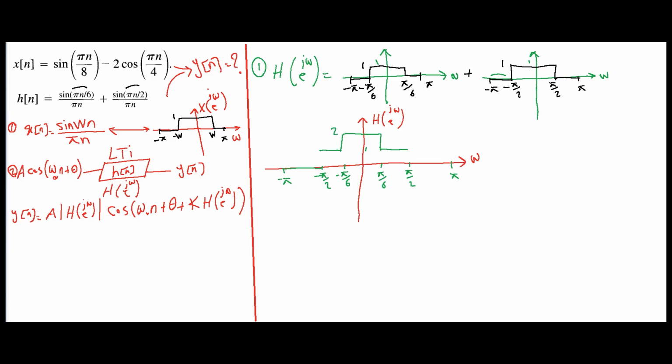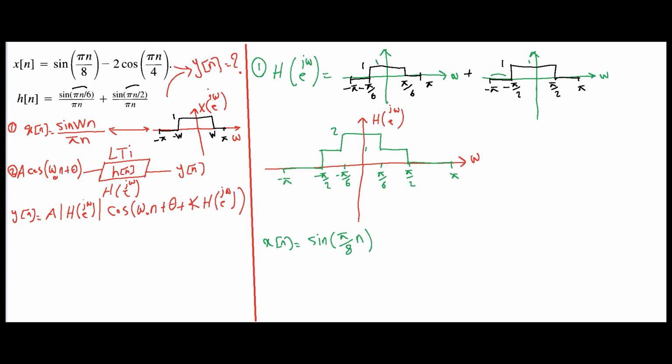In the interval from π/6 to π/2, the situation is the same. And in the interval from minus π/6 to π/6, both pulses are 1, so their sum is 2. As a result, H(e^jω) is obtained as shown in the figure.